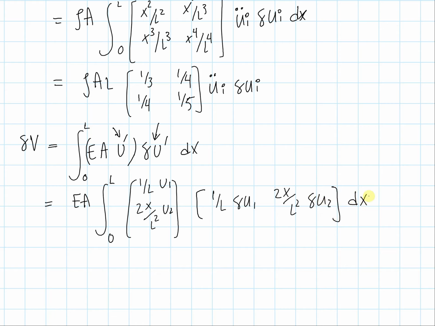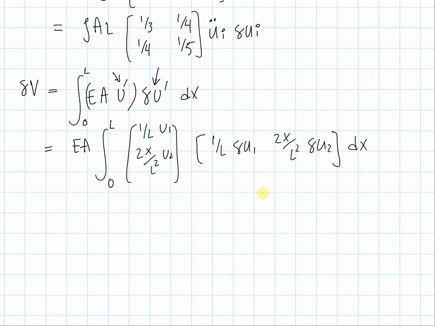Then we have dx. So I'll jump 1 or 2 steps and jump right into the conclusion, and I'll have the following stiffness matrix: 1, 1, and 4 over 3. We have ui, which is a vector that contains u1 and u2, and it's pulled out of the integral. And I have a delta ui, which are the delta u1s and the delta u2s. These are also vectors, and they're pulled out.